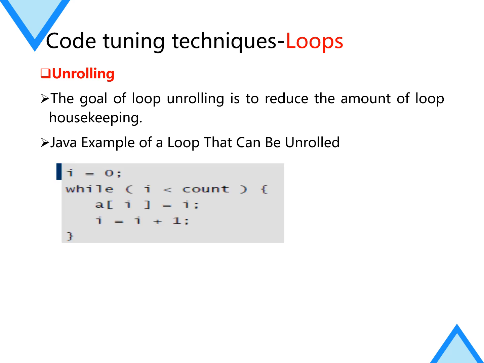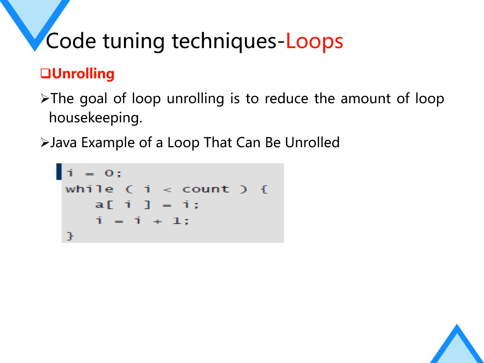Here is an example of a Java loop that can be unrolled. We have a while loop, and the while loop condition is I less than count. If it is less than count, the loop body will be executed.